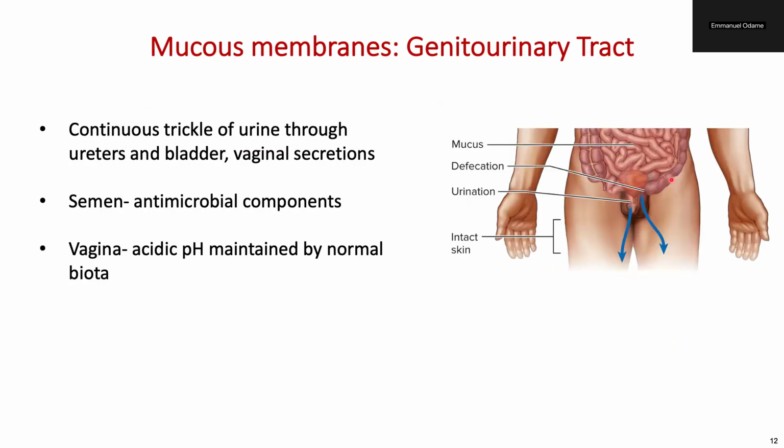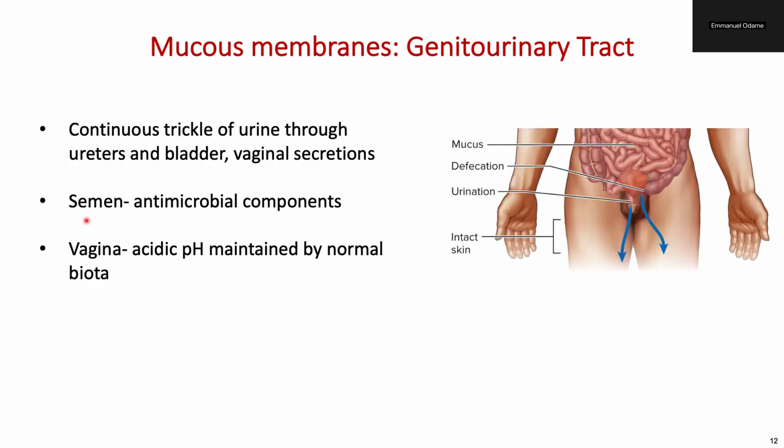And then within your genitourinary tract, you experience a continuous trickling of urine through your urethra or your bladder, or your female part. Basically the goal is to flush out any bacteria that might be present. In males, we have an antimicrobial component within your semen, which is responsible for getting rid of any microbes that will be present.